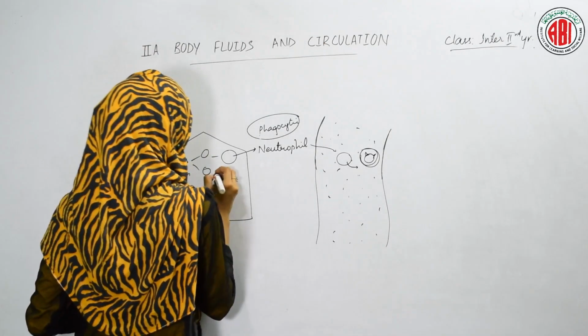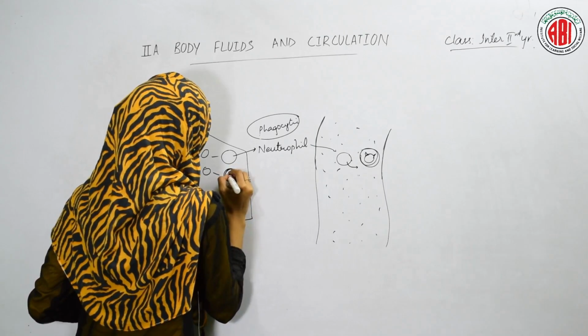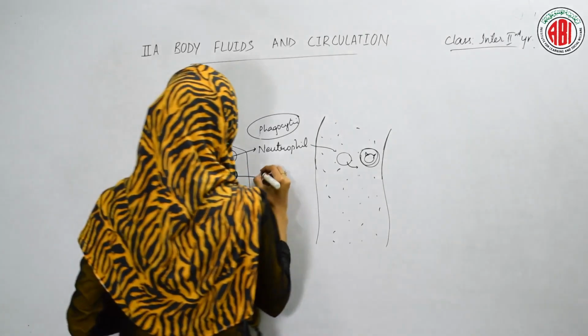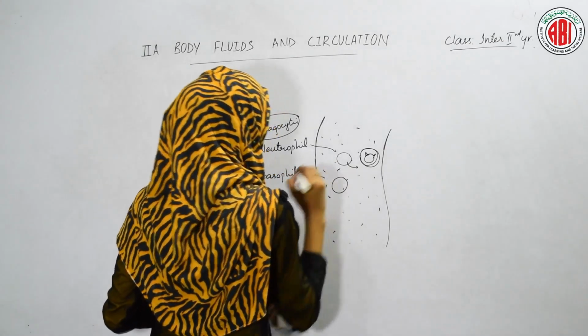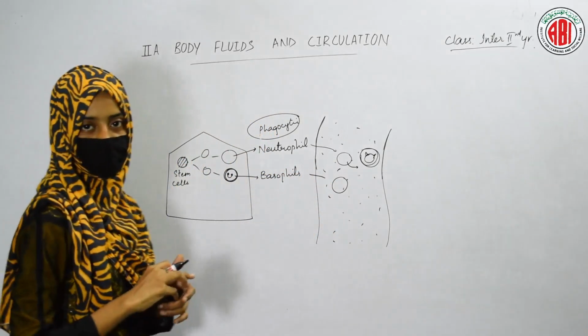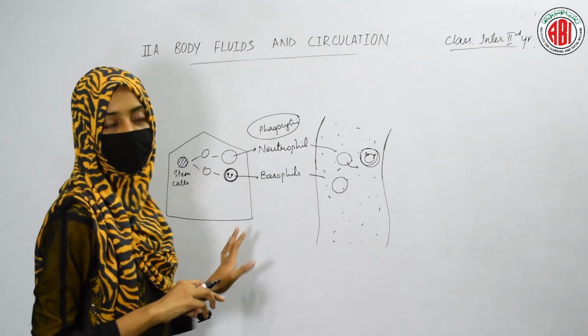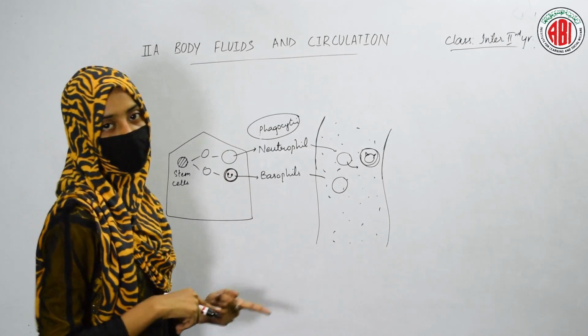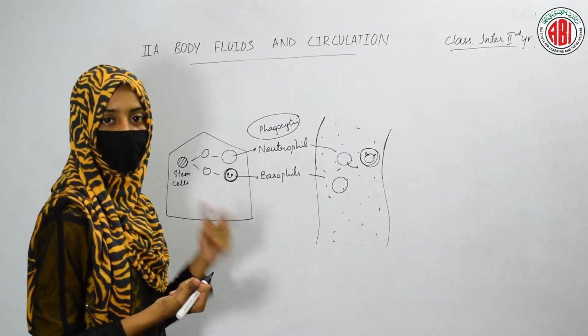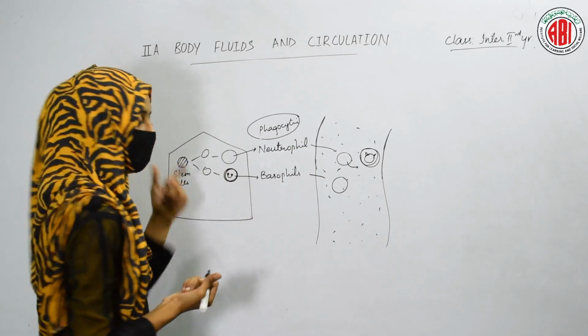Now if stem cells produce basophils, then these basophils, once they enter into the blood vessel, if they find any foreign particle, any bacterial infection in the blood vessel, then they start their function against that foreign particle, against that bacteria.